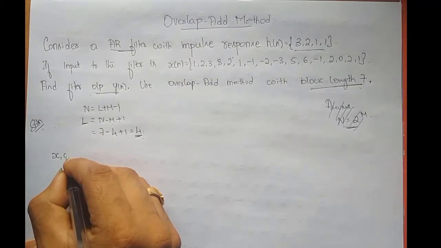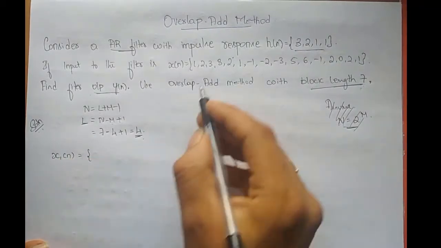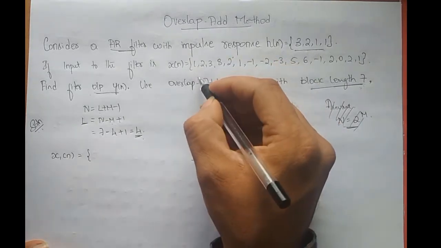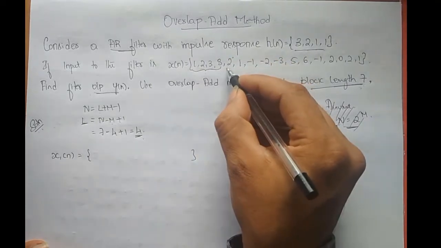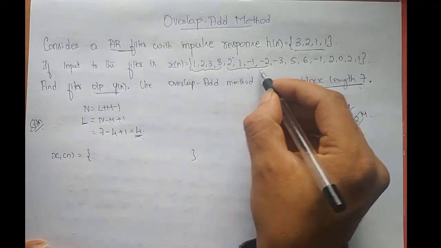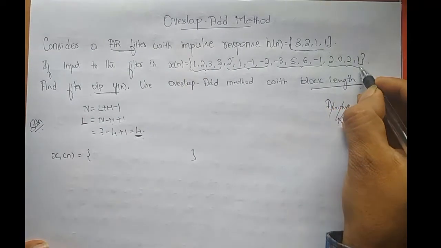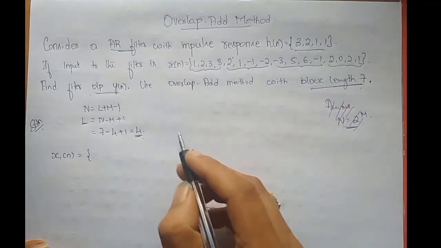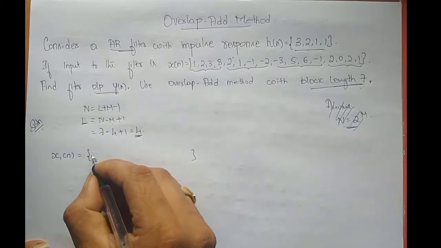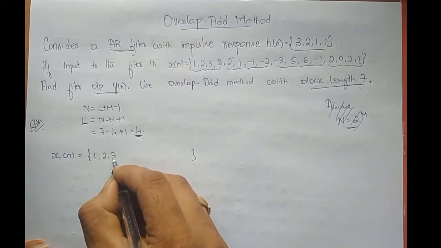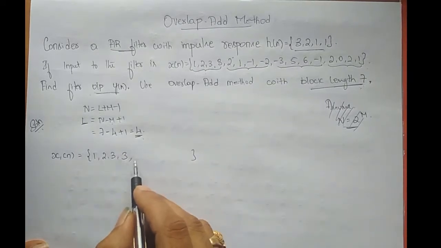Before computing, we are going to segment the input sequence. With length 4, this is segment 1, 1 2 3 4, segment 2, 1 2 3 4, segment 3, and segment 4. To convert these segments into blocks, take the first segment 1 2 3 3 and pad the rest with zeros.